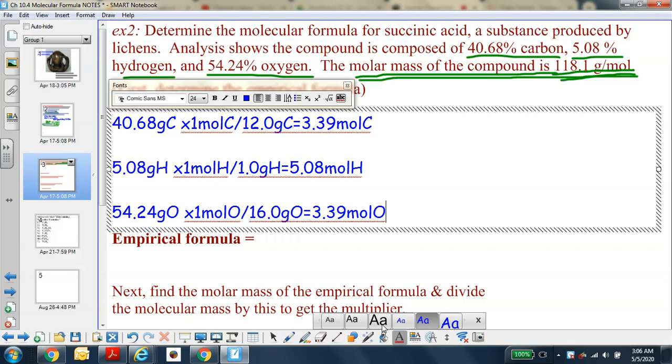Now, do you remember what we need to do once we have these answers? We look for the smallest answer. And it turns out to be 3.39. And we are now going to divide each of these by 3.39. That'll give us a 1. So we have 1 carbon atom.